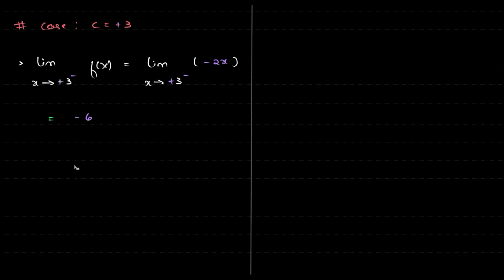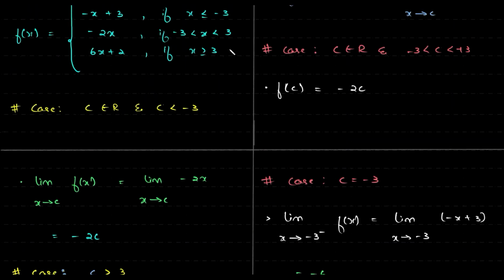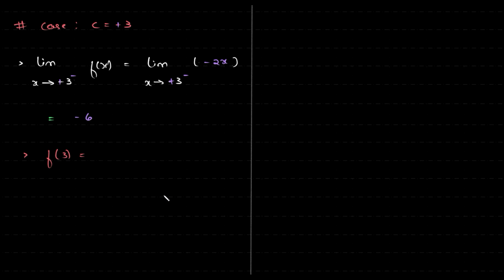F of 3 will take on this behavior, that is 6x plus 2. So it is 6 times 3 plus 2, which is clearly 18 plus 2, that is 20.